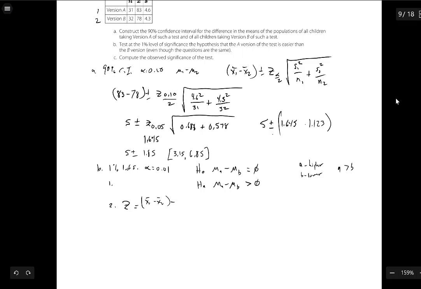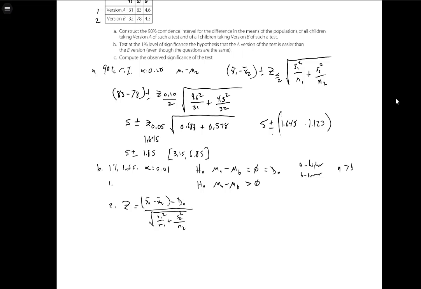In this case, d0 is going to be 0, the difference under the null hypothesis. And then that's divided by the square root of the first sample standard deviation squared and the second sample standard deviation squared, each divided by their own number of units in the sample.